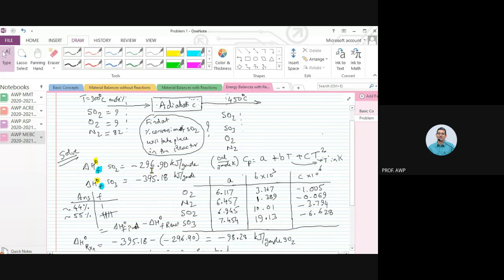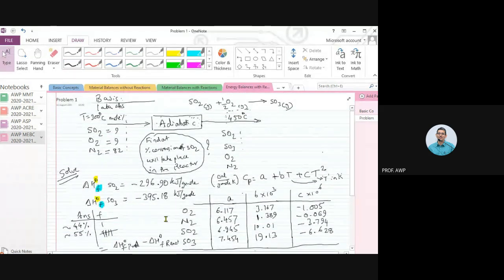This is given in terms of mole percent. What basis would you want to take for the calculation? 100 gram moles, sir. Right, 100 gram moles total of the feed gas.